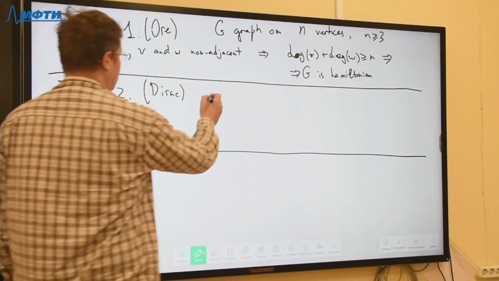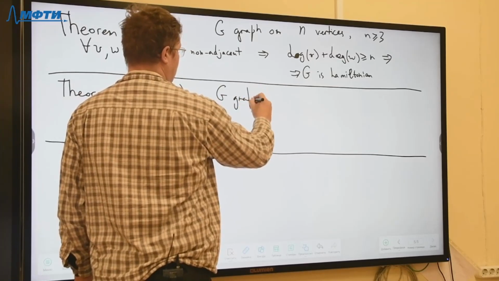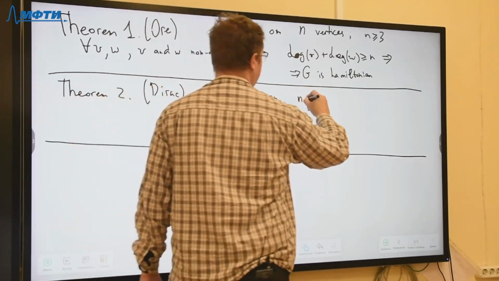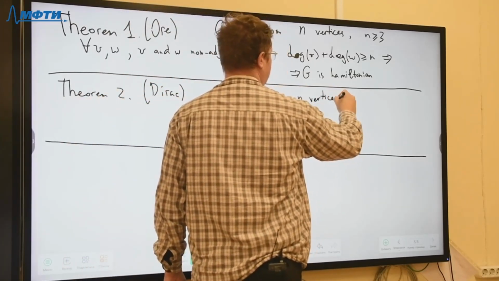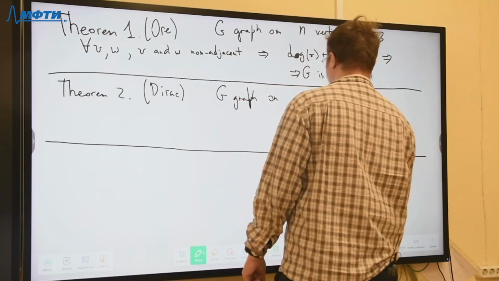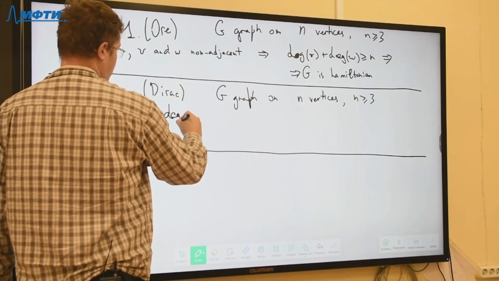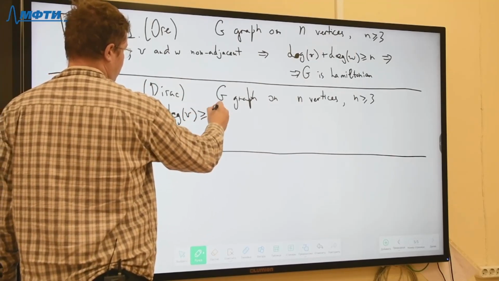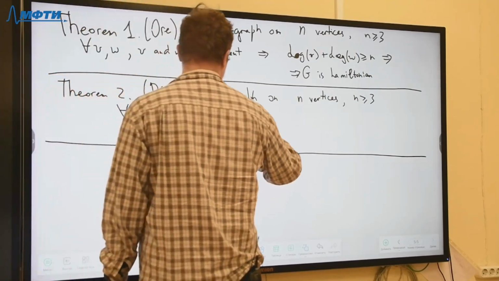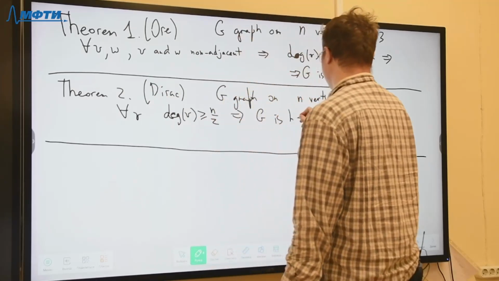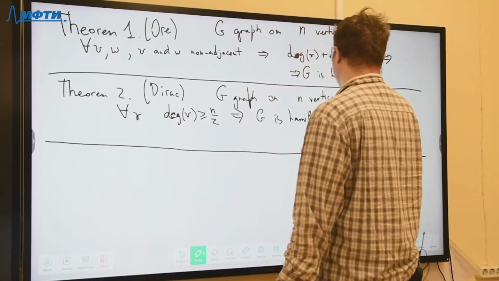And Dirac's theorem is simpler. So if G is a graph on n vertices, n is more or equal than 3, and all vertices have degree more or equal than n over 2, then G is Hamiltonian.